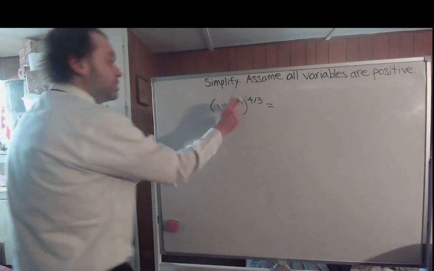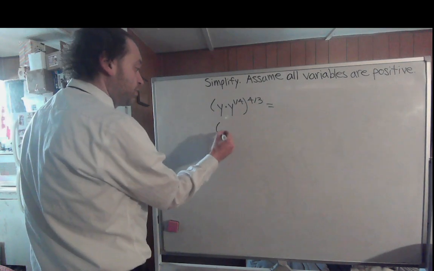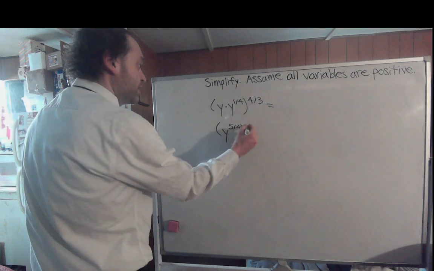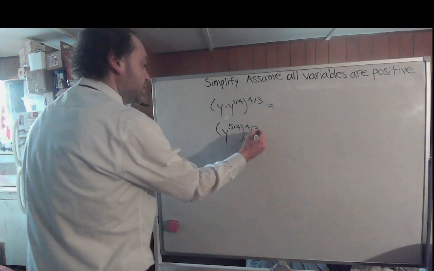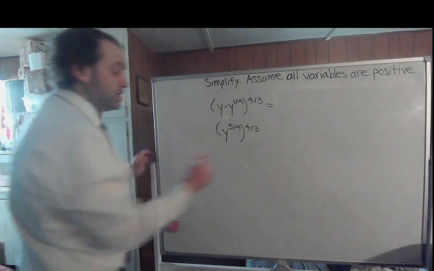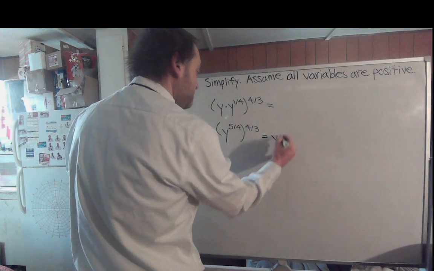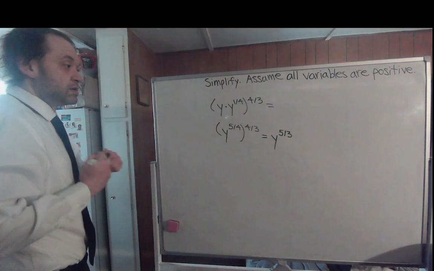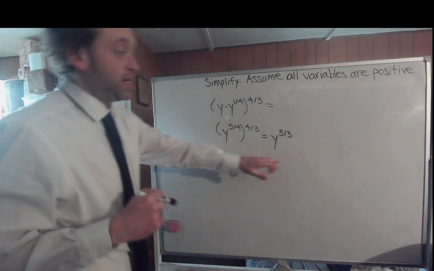So if I add 1 and 1/4, what do I get? I'll get y to the 5/4, raised to the 4/3 power. Now we just take 5/4 times 4/3. You'd end up getting y to the 5/3 power.